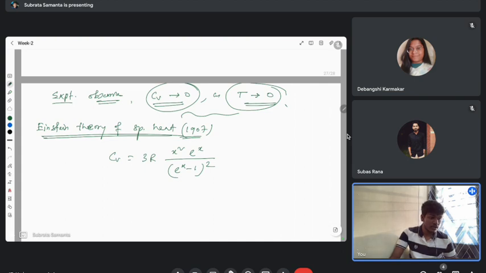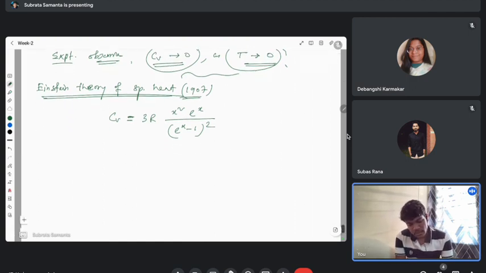So atomic vibrations in a solid are equivalent to electromagnetic vibrations in a cavity. Okay. So with these equivalents, and a quantum mechanical calculation, once you have done this, we end up with these equations.